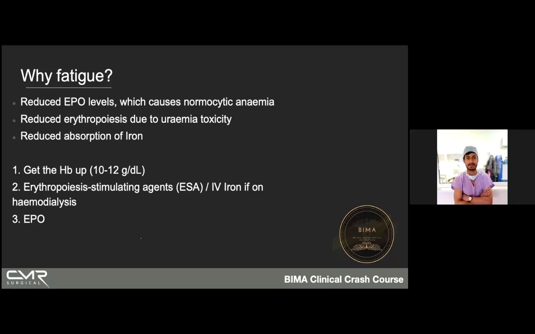And then also you may need EPO as a last resort, or as a third line option for getting the hemoglobin up.